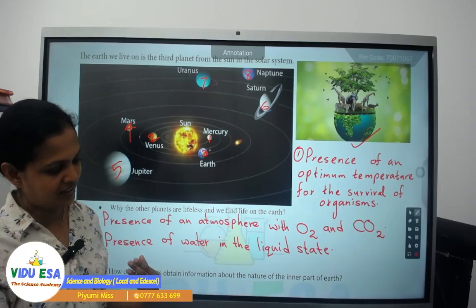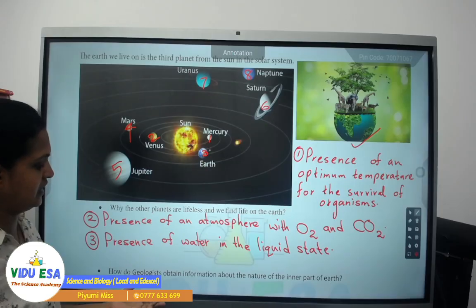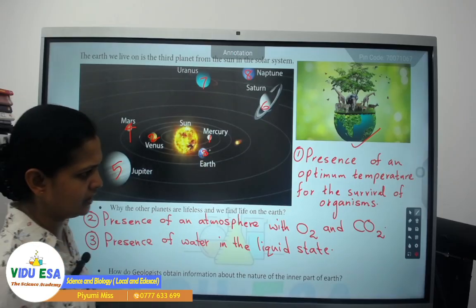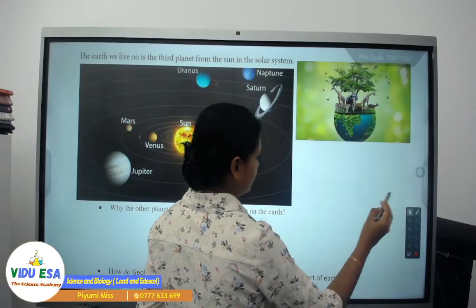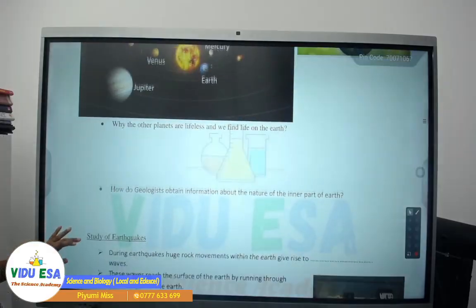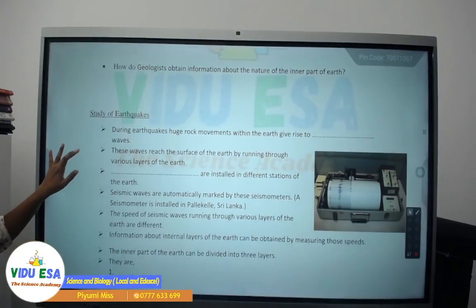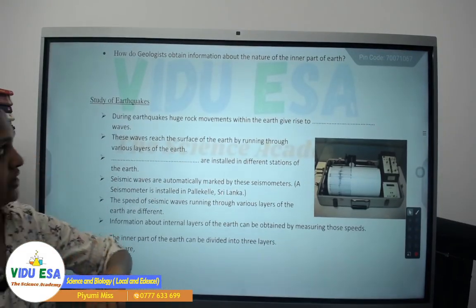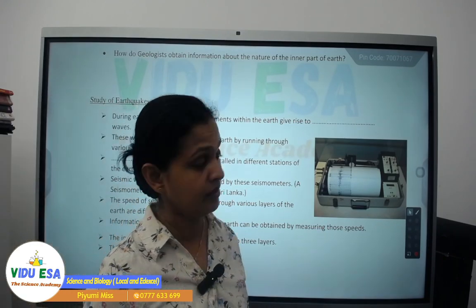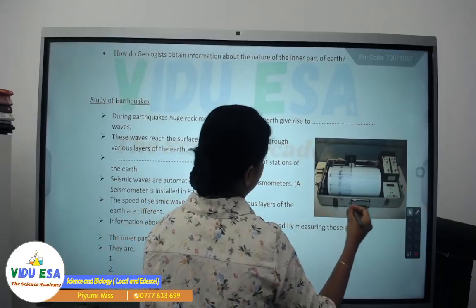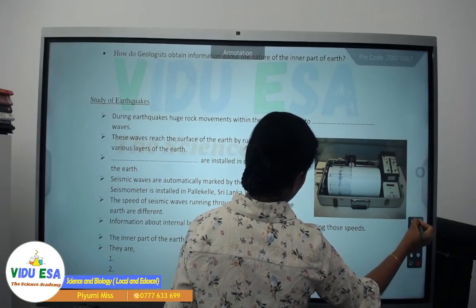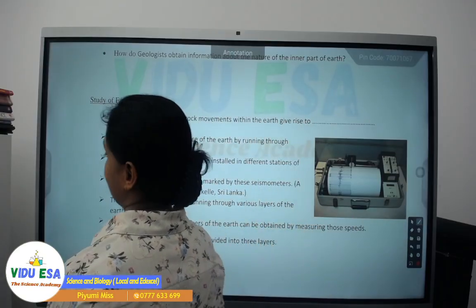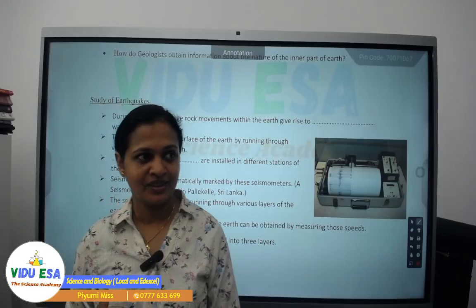Likewise, there are different terms associated with the earth. Geologists are the scientists who carry out experiments on the things related to the earth. So it asks, how do geologists obtain information about the nature of the inner part of the earth?